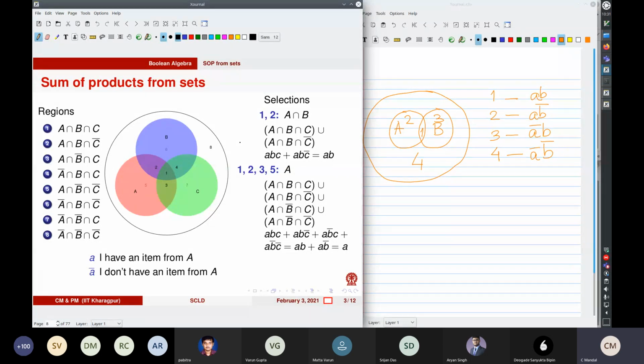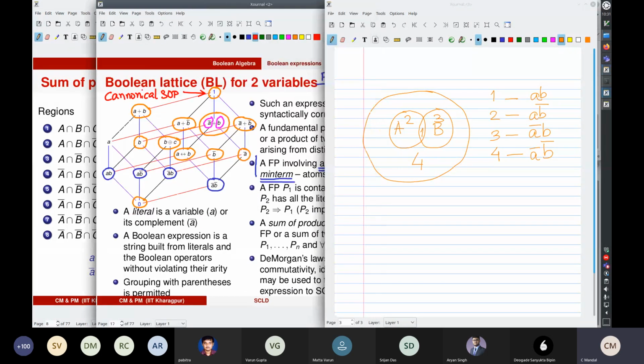And that is exactly what this lattice does. 0 indicates that you don't have any of these situations, and 1 indicates that you have got all of these situations, and all these intermediate nodes represent various combinations of these situations. If you interpret it that way, that is just what it is.